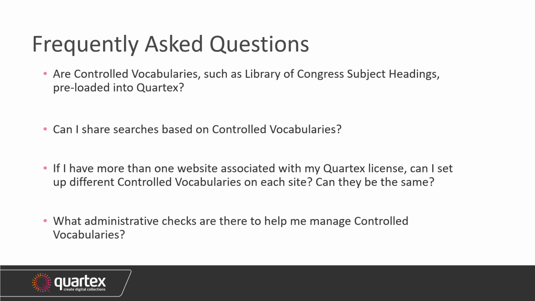Assets in Cortex cannot be published if there is a required metadata field that hasn't been filled out, or if a new controlled vocabulary term has been submitted that requires approval by the administrator, or if there is a variation on an approved term. So again, that is some checks and balances that we have on the platform, and happy to go into that in more detail for folks who are interested.